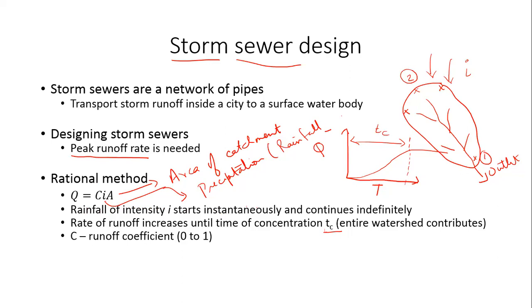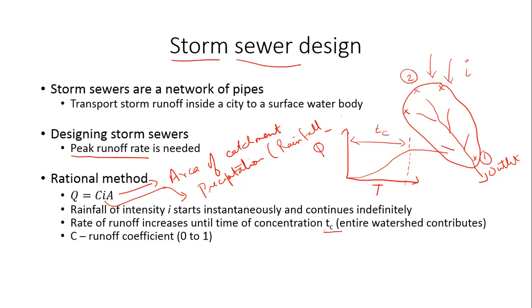Now the runoff coefficient typically ranges between 0 and 1. Now, as you can clearly see, if runoff coefficient is 1, that means you have a perfectly impermeable surface. All the rainfall is completely getting converted into runoff, right? And if runoff coefficient is 0, then it is a perfectly pervious system where none of the rainfall is becoming runoff, right?